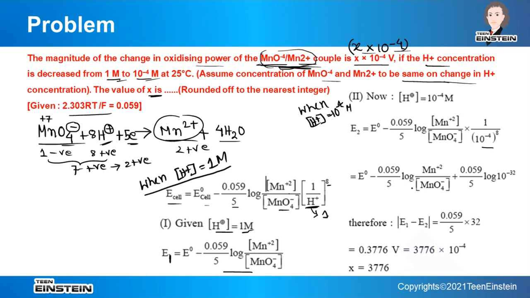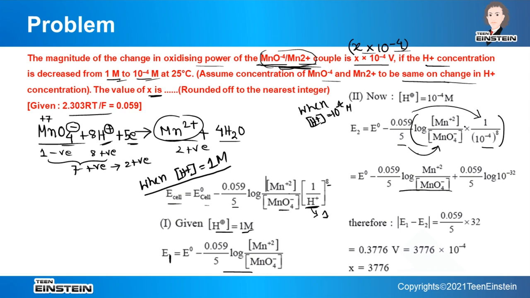Next, what we are doing, this log, this particular portion, just focus, log Mn2 plus MnO4, this is one term, and 0.059 is multiplied with this term one time and with this term another time.